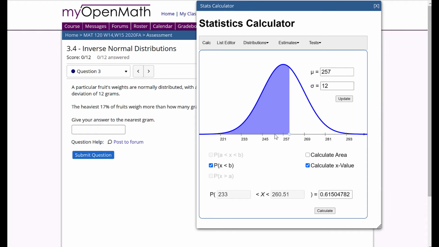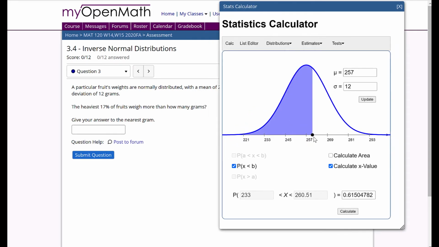Okay. Now we're trying to figure out the heaviest 17% of fruits weigh more than how many grams. All right, so the heaviest 17% of fruits. So the thing is, if you'll notice down here, you can see the percentages changing.